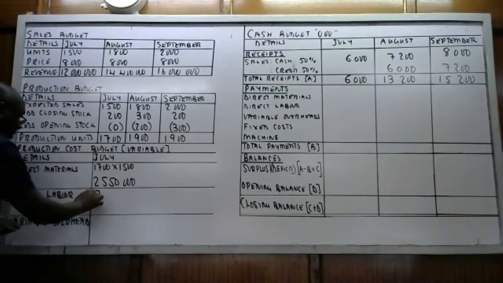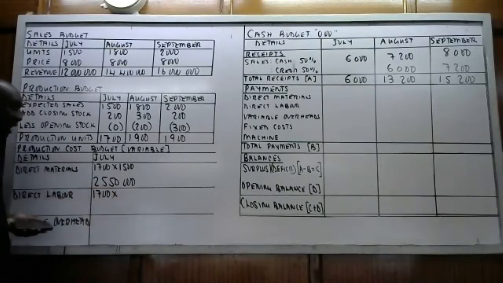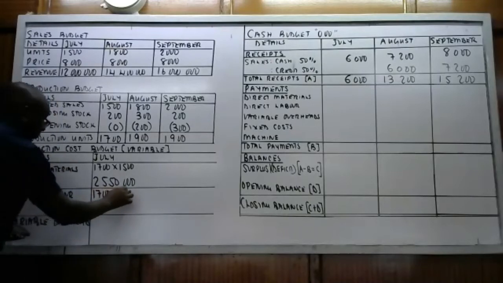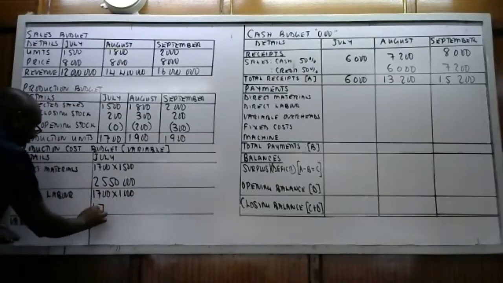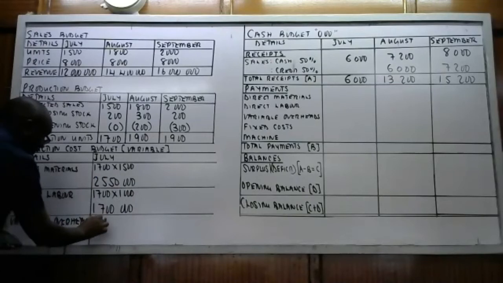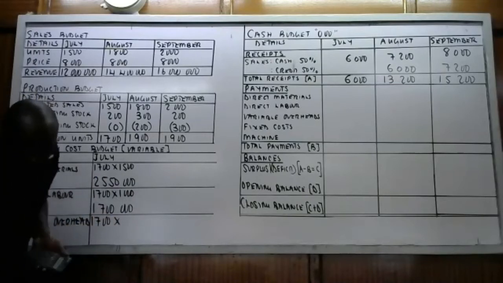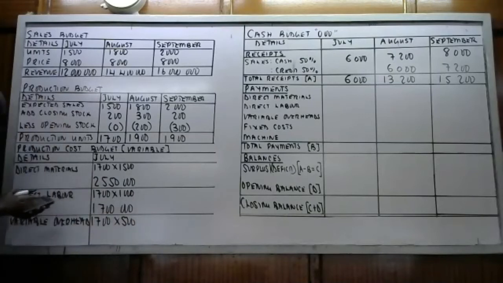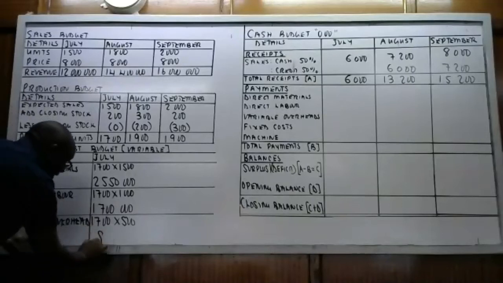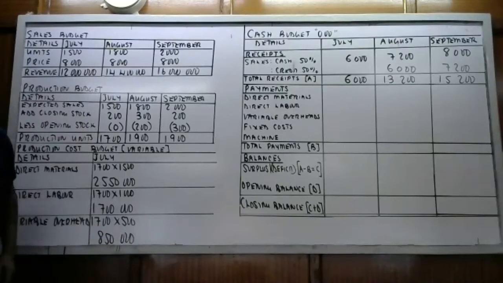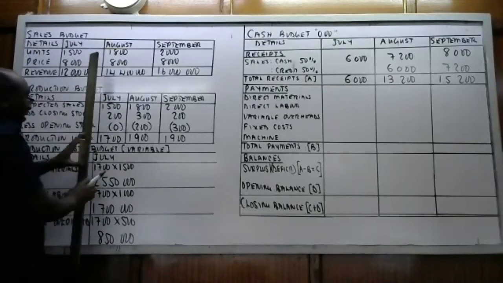Direct labor, I will also say 1,700 times, each is 1,000. So I get 1,700,000. Then 1,700 times 500 is 850,000.